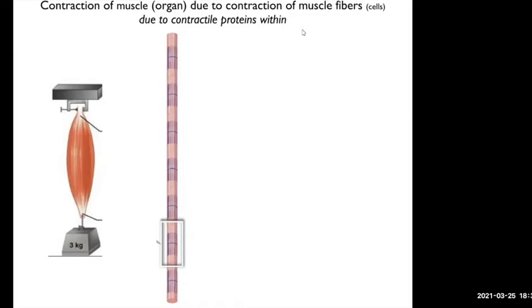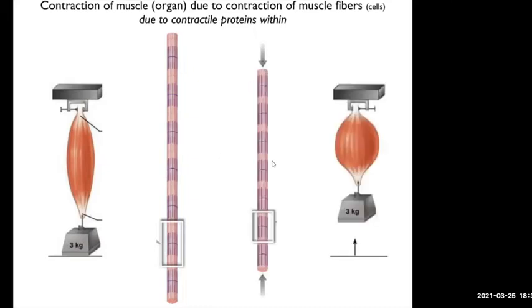And the fact that they get shorter is due to these contractile proteins that we're looking at right here within the muscle cells themselves. So your muscles are filled with muscle fibers, which contract. The muscle fibers are filled with these contractile proteins, which are going to contract. So when a whole bunch of these contractile proteins down the length of the muscle cell contract, if there's enough of them contracting, it's going to shorten, the belly's going to bulge up over here and then create a pulling force.